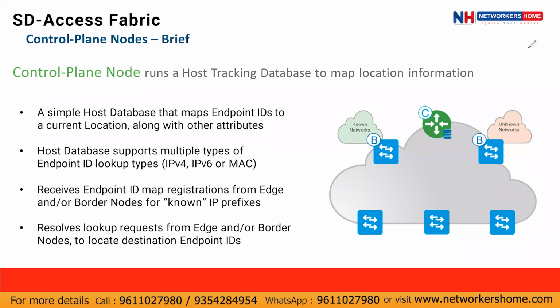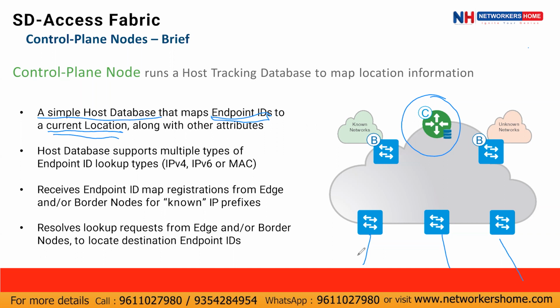Now, the control plane node, which is the map database. It runs a host tracking database to store and map the location information for every endpoint connected to the edge nodes. So it's a simple host database that maps endpoint IDs. The endpoints are identified on the basis of endpoint IDs to a current location along with other attributes.